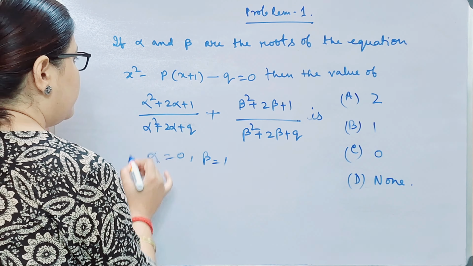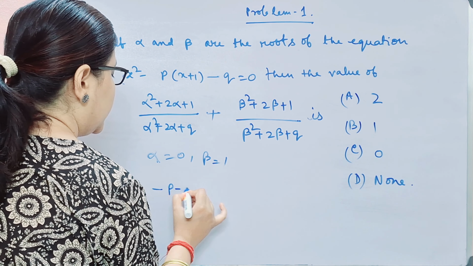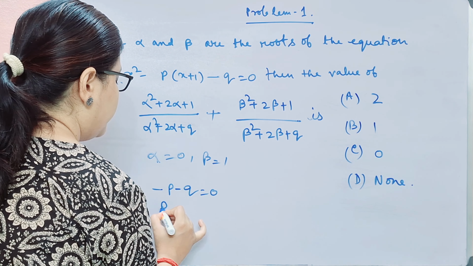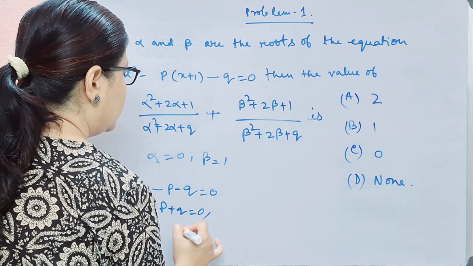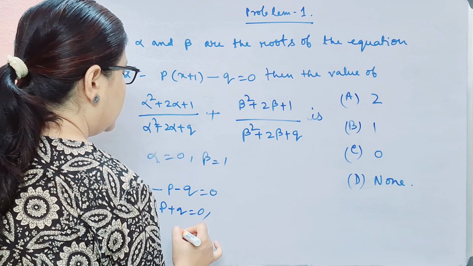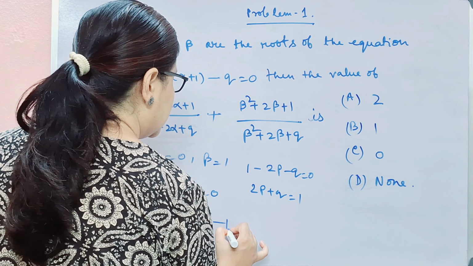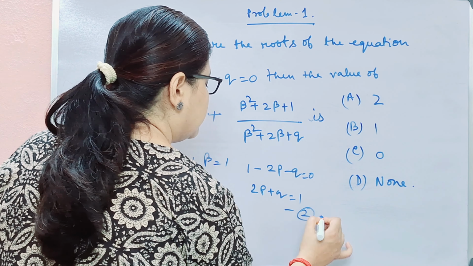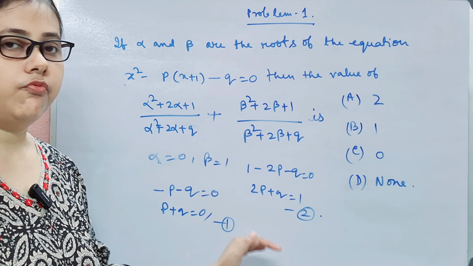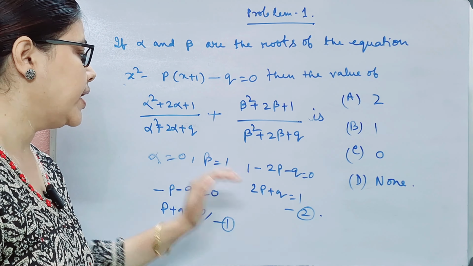So there will be minus p minus q equals to 0, so p plus q equals to 0, and putting beta equals to 1, then we will get 1 minus 2p minus q equals to 0 implies 2p plus q equals to 1. This is equation 1 and this is equation 2, and we will solve equation 1 and 2 and get the value of p and q.